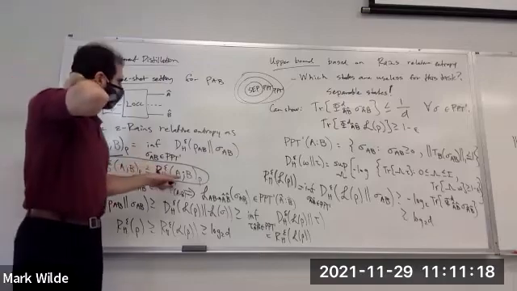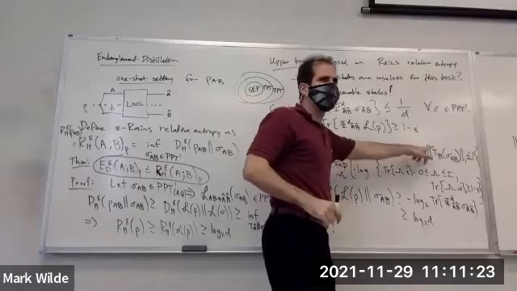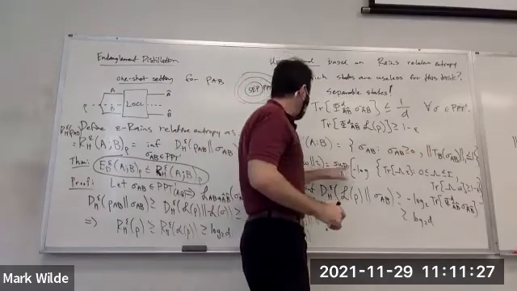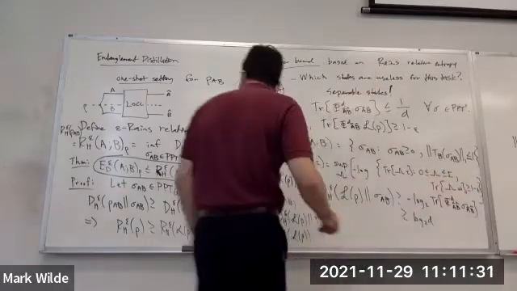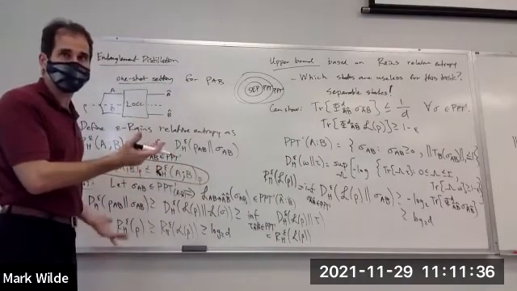Okay, and furthermore, previously we said that this set has a semi-definite characterization, and because the hypothesis testing relative entropy is, by inspection, a semi-definite program, that means that this quantity can be computed by a semi-definite program.